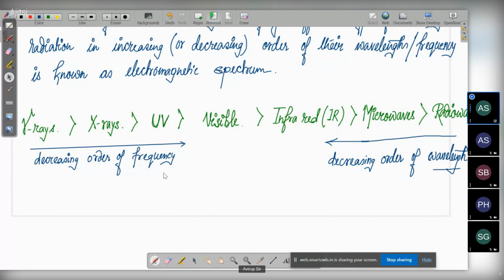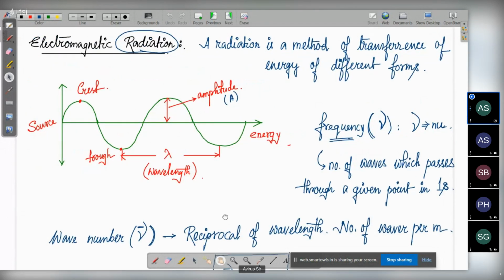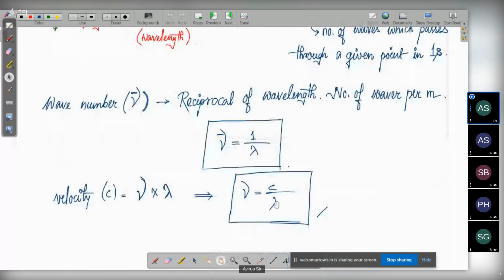Because see the formula: nu is equal to c by lambda. That means if frequency increases, wavelength is decreasing. So nu is inversely proportional to lambda, which means with an increase in frequency, the wavelength is going to decrease.